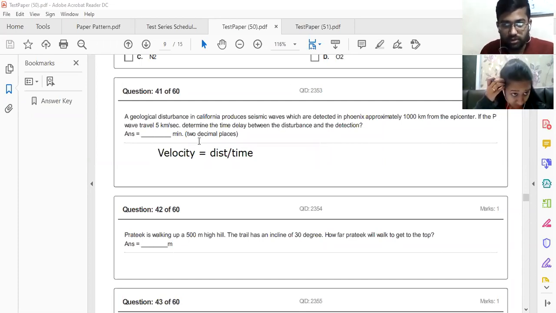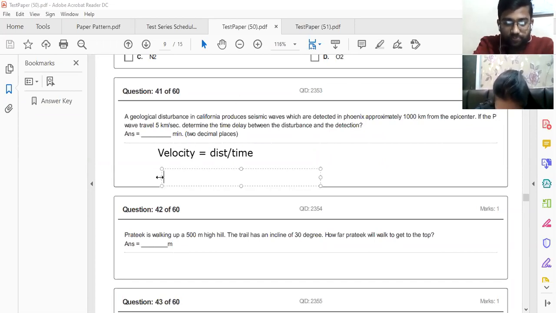So see here, it is detected approximately 1000 km from the epicenter. So your 1000 km is your distance, and velocity is given 5 km per second. So time delay means you can easily calculate time.